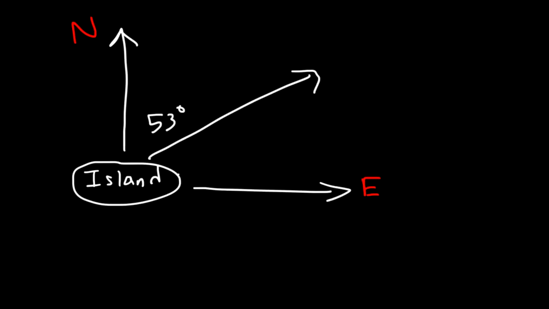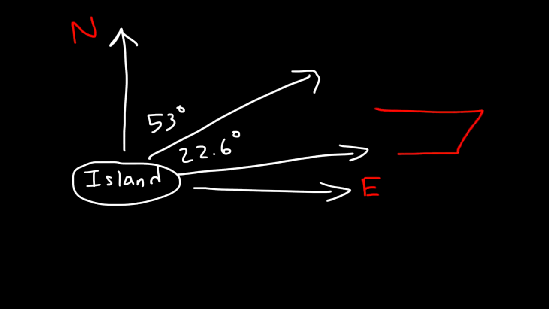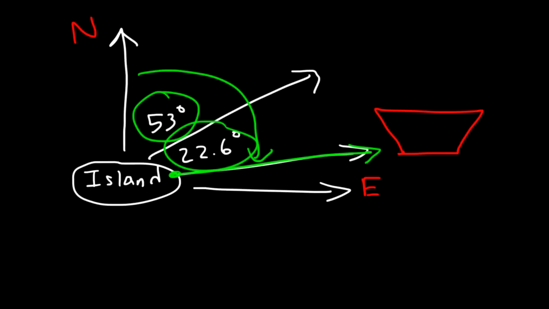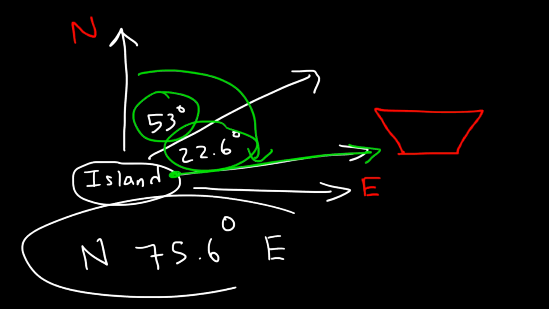And then it traveled in this direction, and we got this angle to be 22.6. So here's the boat at this point. So its new bearing from the island, basically this line here, has an angle of 53 plus 22.6. So if we add it, that's 75.6. So the bearing is north 75.6 east. And that's the answer.